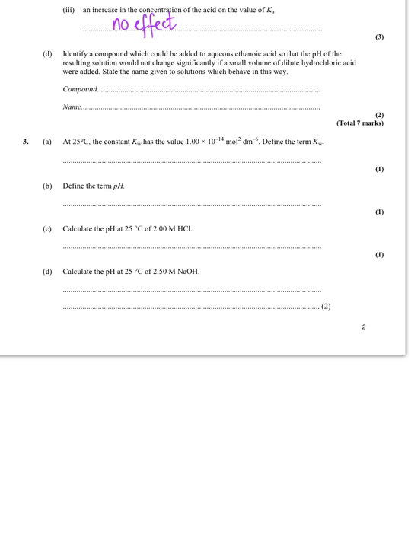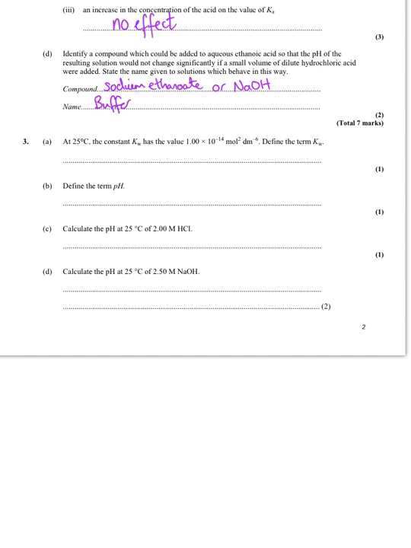So we either want the salt of ethanoic acid, which would be sodium ethanoate, or we can make the salt by neutralising a little bit of the ethanoic acid. So any base would be suitable for that. So something like sodium hydroxide would work as well, as long as it wasn't in excess. And the name of the substance we're forming is a buffer.